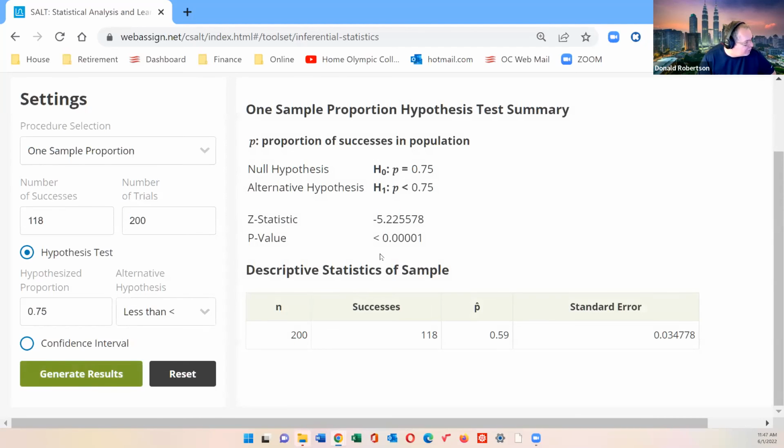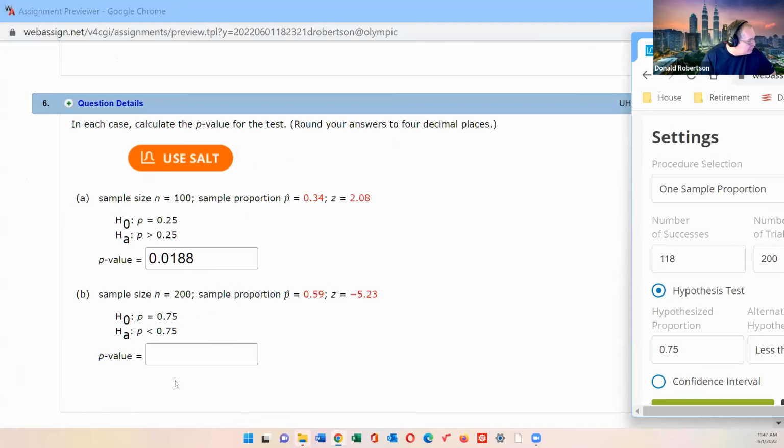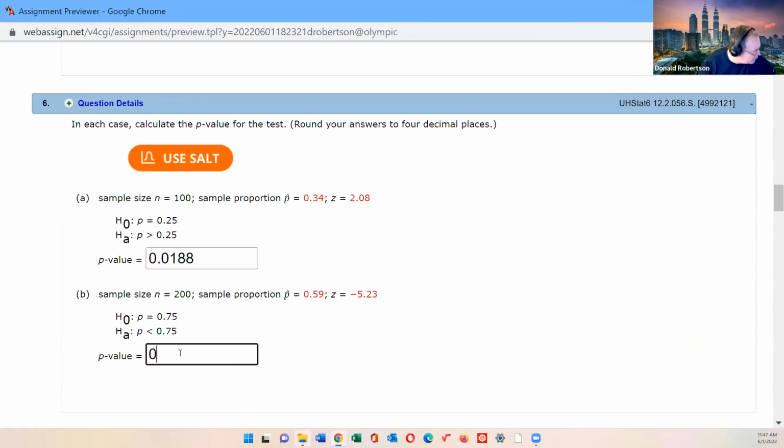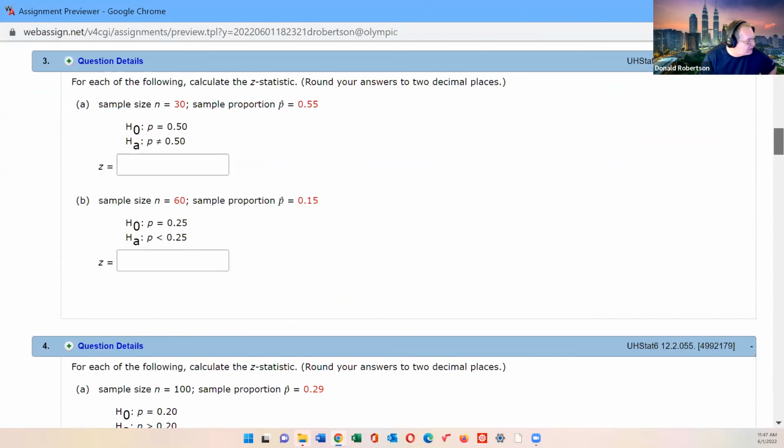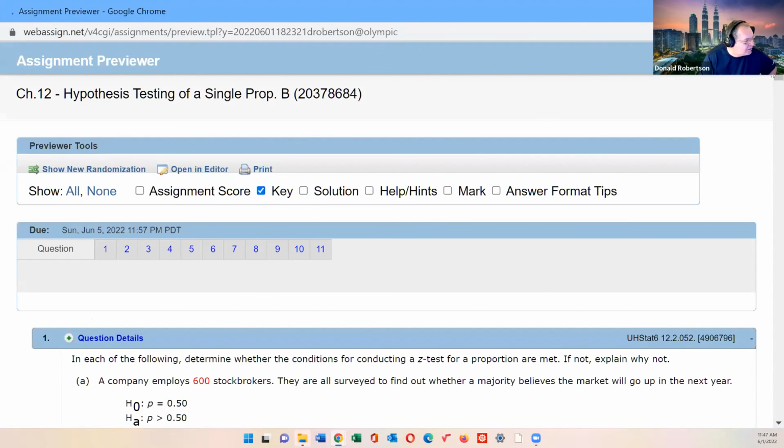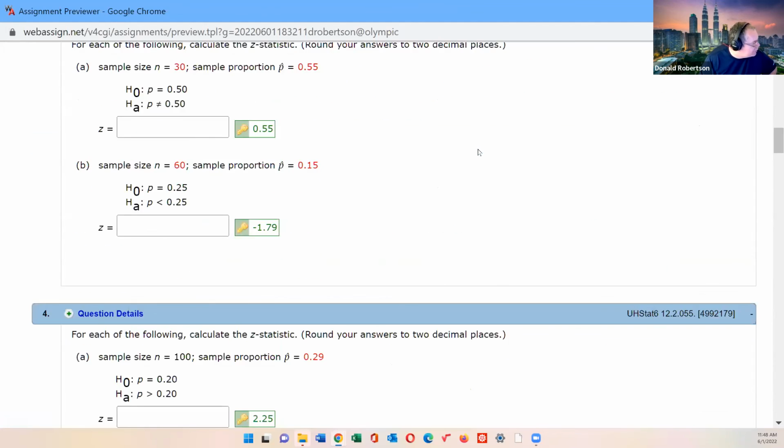So I'll generate results, and we got a value that is essentially 0, right? For all practical purposes, it's 0. So I'm going to put in 0 there, and I'm going to check, do I need to put 0.00001, or will it take 0? Let's find out which it takes.